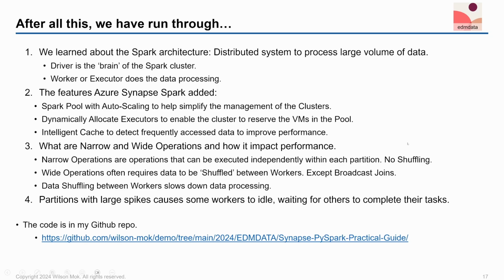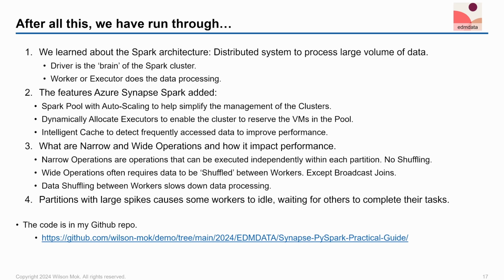Okay, so we learned that the Spark architecture is a distributed system with a parent-child structure and multiple workers, minimum of 2. The executor, or the worker, is the one that does the actual calculation, the processing. The driver is the one that is distributing the work.